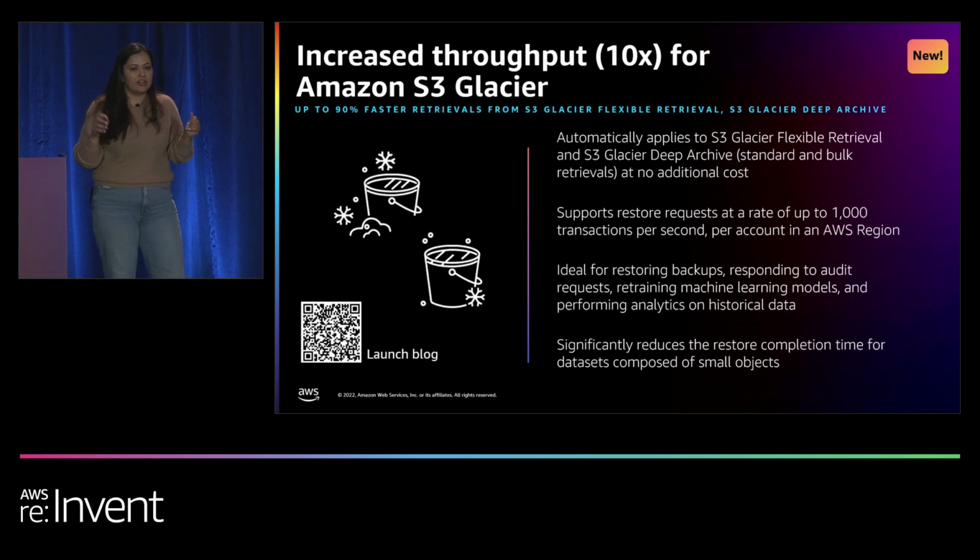And with the higher restore throughput, applications can now process archive data at a very fast rate. It supports restore requests at 1000 TPS, which means millions to billions of restore requests take up to 90% less time to complete your overall jobs.